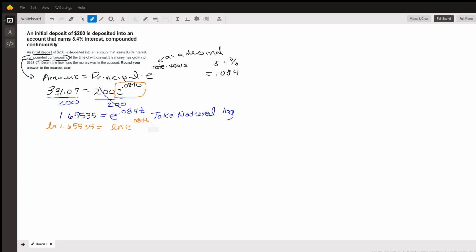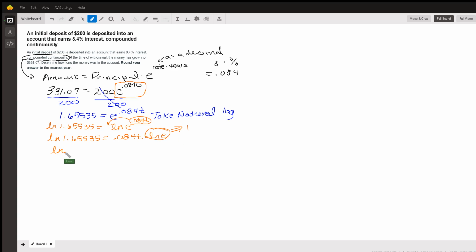And then we're going to use the power of a logarithm rule to move the exponent down. And it's going to end up now being multiplied. There's our t now down below times the natural log of e, but this right here, that's just equal to 1.